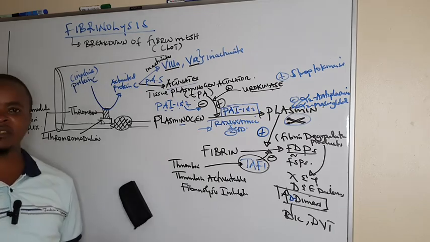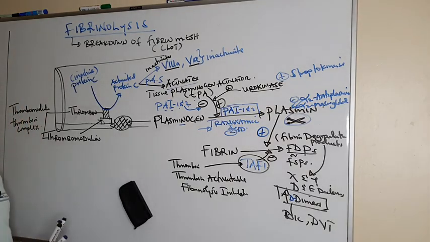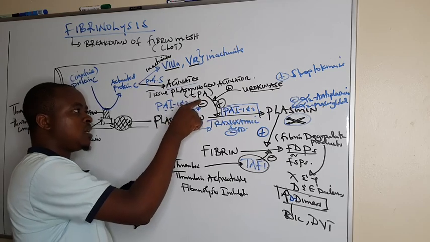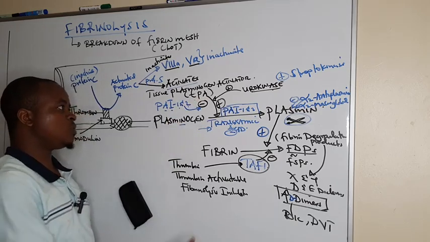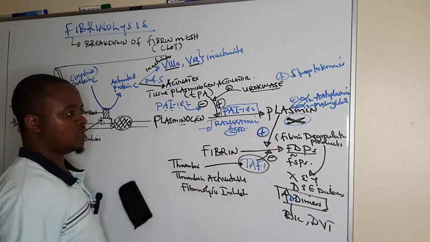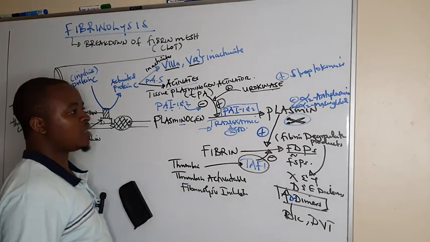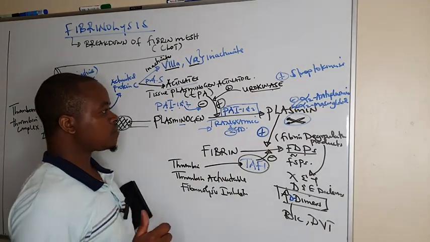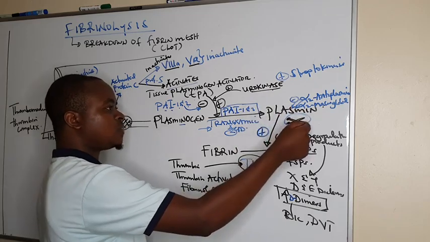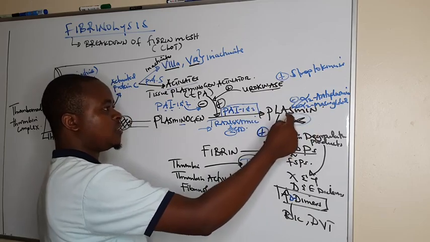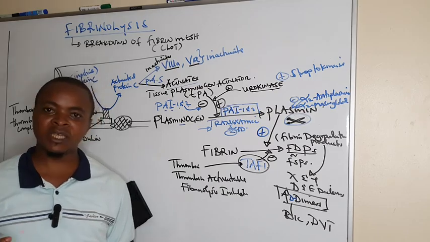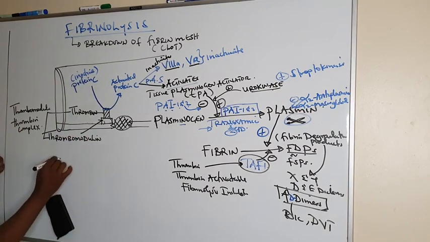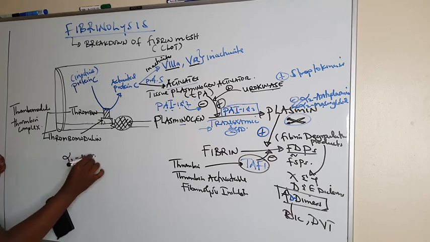So these are the inhibitors of this process. We have seen plasminogen activator inhibitor type 1 and type 2, which inhibit tissue plasminogen activator, which is responsible for converting plasminogen to plasmin. As if that is not enough, we have another inhibitor, which is a drug, tranexamic acid. Then, when we have already formed the plasmin, we can still inhibit its action by using alpha-2 antiplasmin and alpha-2 macroglobulin.